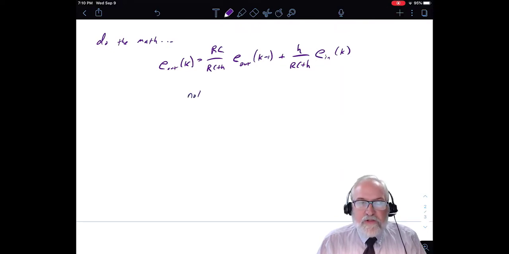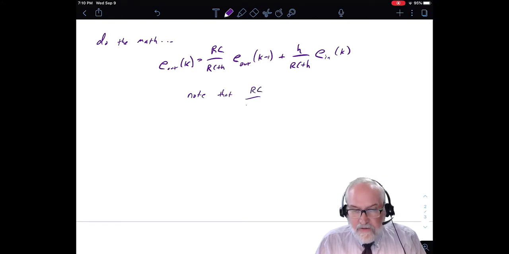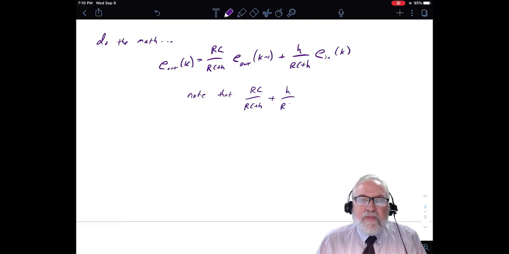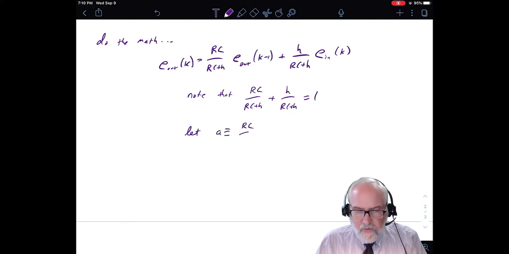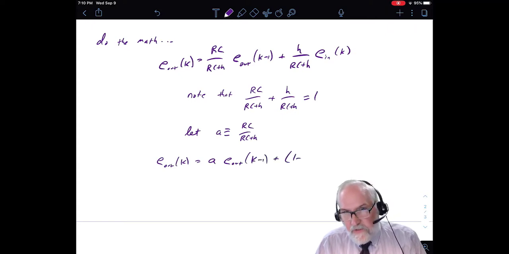Note that those coefficients, when you sum them together, equal 1, right? They have the common denominator, so when you add them up, you get RC plus h over RC plus h, so that's unity. That's important to know because that tells us they're not independent. So I'm going to let this single parameter a represent the RC over RC plus h, and now our numerical recipe for this filter is simply a times the last filtered output plus 1 minus a times the current sample.